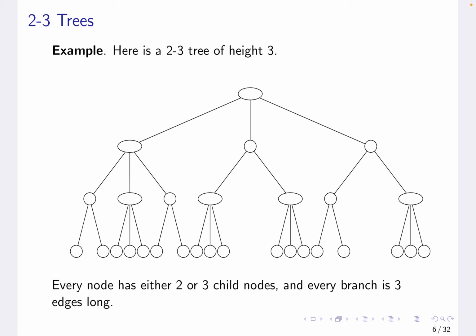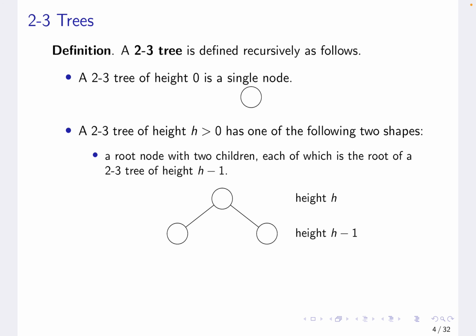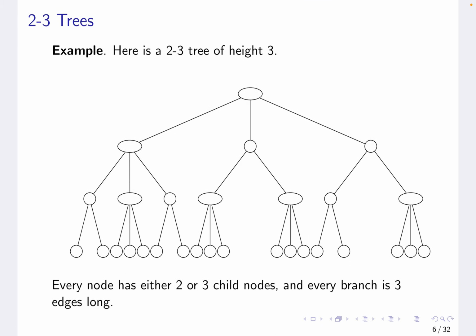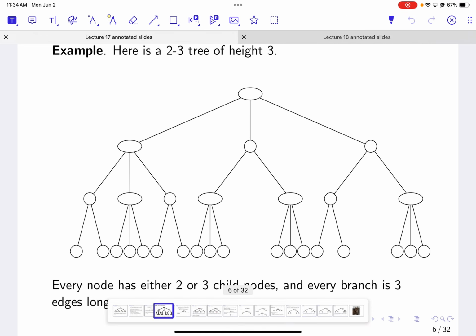I don't want to spend too much time on this because this was the end of last week's lectures, but every node will have either 0 children, if it's a leaf, 2 children, or 3 children.